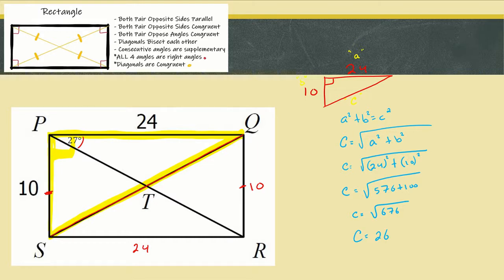And so this diagonal, now we have to be a little bit careful here, because yes, C is equal to that, but it's actually QS, which is telling me that each segment, if you remember, because the diagonals bisect each other and they're all congruent, each segment is going to be half of 26. So in this case, they're all going to be 13, or 13, 13, and 13, right?